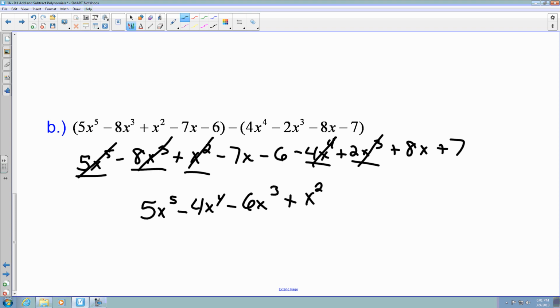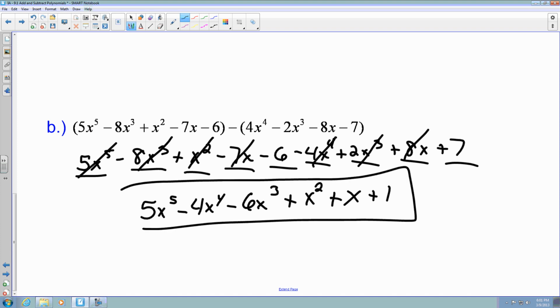Cross that out. X values. And when I combine those, I will get a plus x or a plus 1x, however you prefer to write that. And then I have my constants. And combining those, I'll get plus 1. So the difference of those two polynomials will give me that.